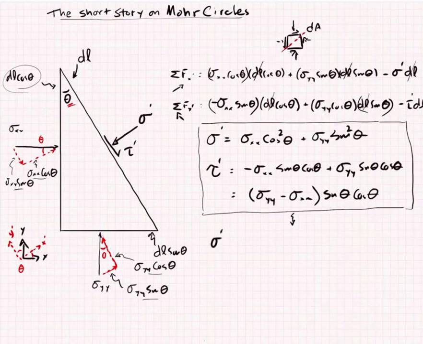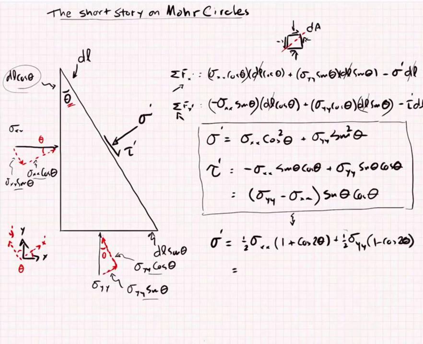And after that rearrangement and a little bit of algebra and trigonometry, we have sigma prime is equal to 1/2 sigma xx times 1 plus cosine 2 theta plus 1/2 sigma yy 1 minus cosine 2 theta.